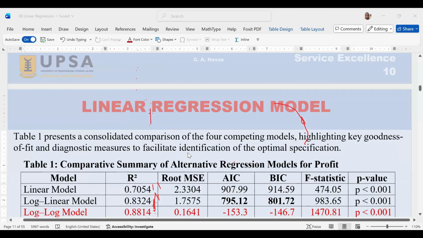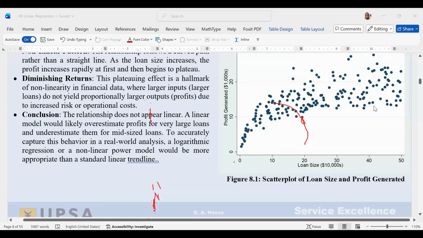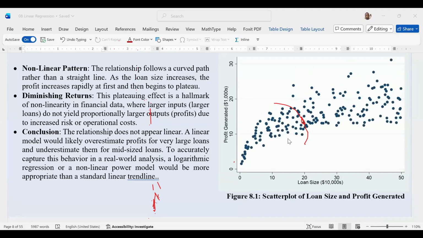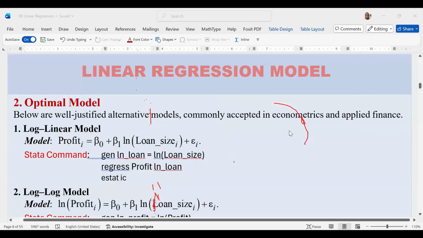For instance, this is the raw data when we plotted it. Is it linear? It's not, because you realize it plateaus when it gets here; it's curved. But when we apply the logarithm to both, look at it. Does it look linear?